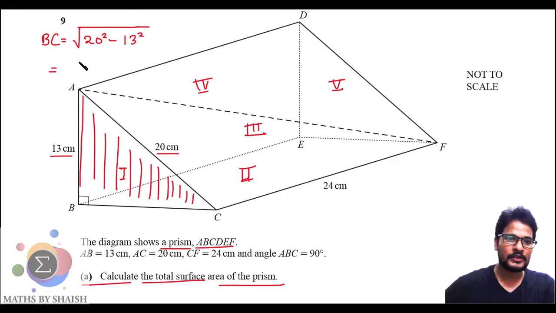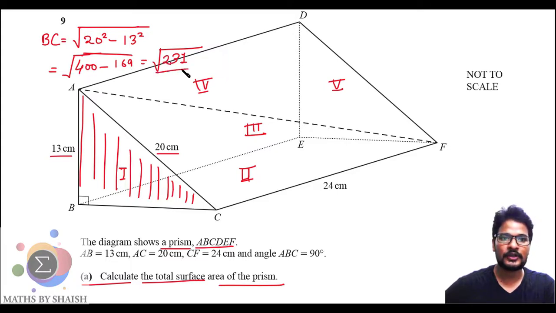So 20 squared is 400 minus 13 squared is 169, and then we will find it. If it is a perfect square, that's fine, otherwise we'll leave our answer in surd form. So 400 minus 169 is 231, root 231, let it be like that.